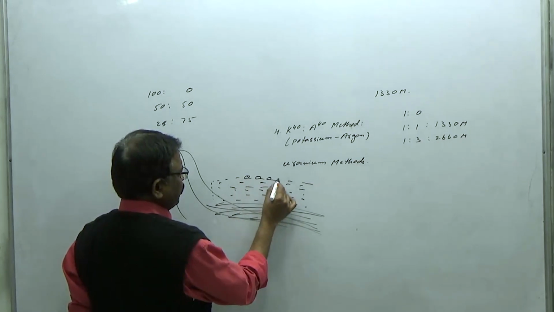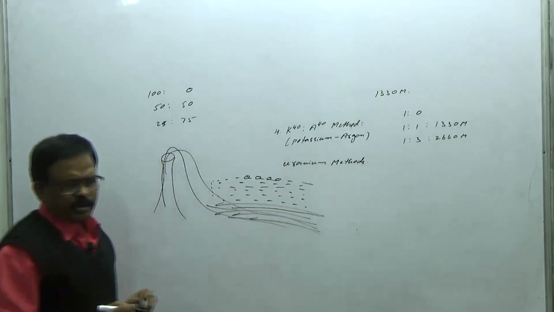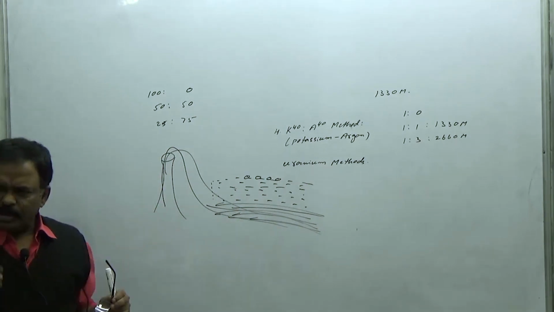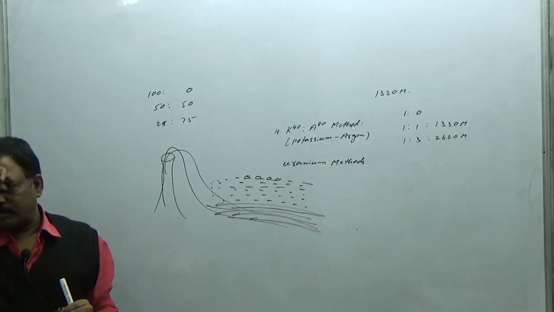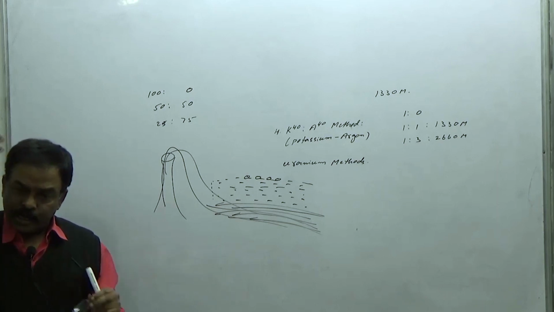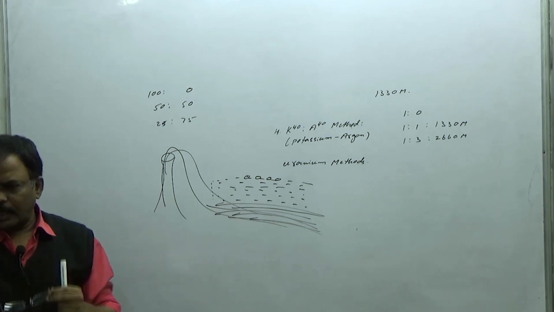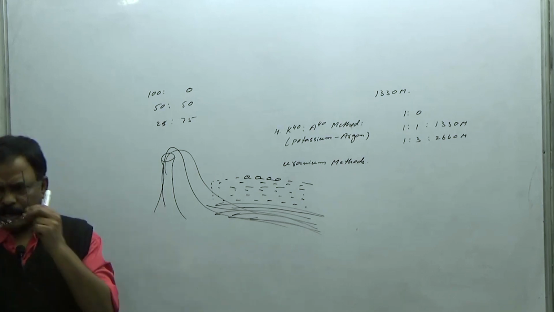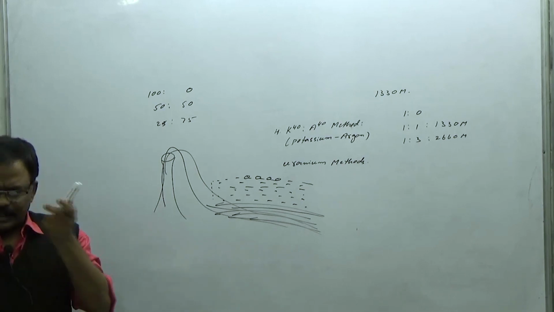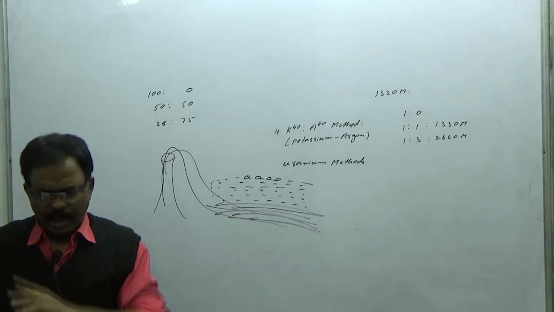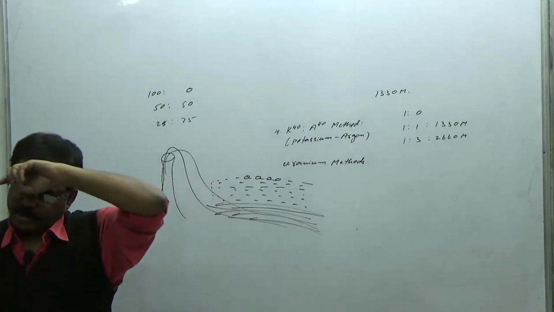Then after some time, these volcanoes, sometimes even for thousands of years, are dormant. After 2000, 3000 years, again volcanic eruption. Around some millions of years, volcanic eruption. We can't say. Some volcanoes are active even today, every year volcanic eruption.